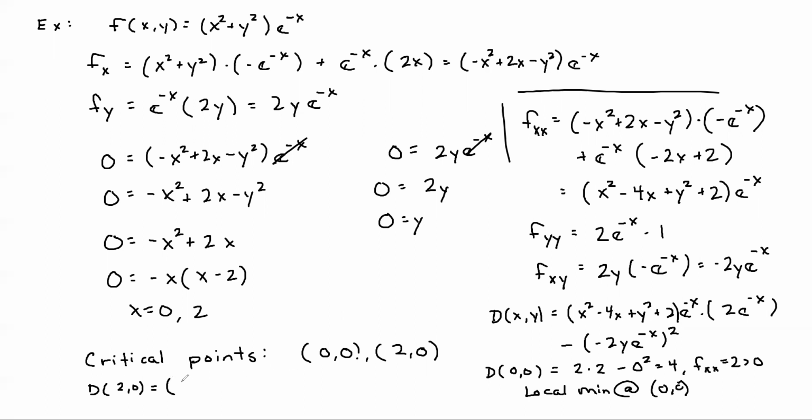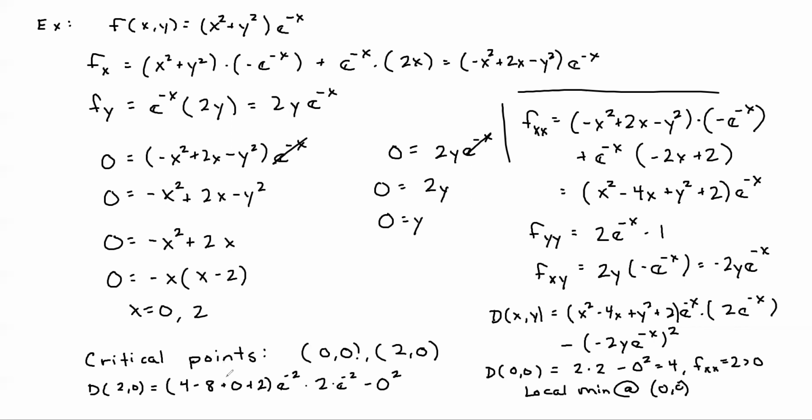So we're going to have 4 minus 8 plus 0 plus 2 times e to the negative 2 times 2 times e to the negative 2. And then since y is 0, the second part still drops out. We get minus 0 squared.